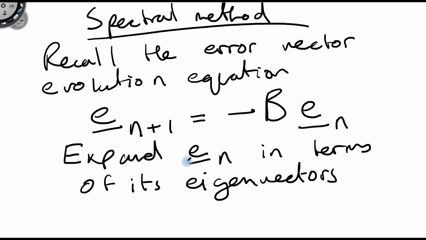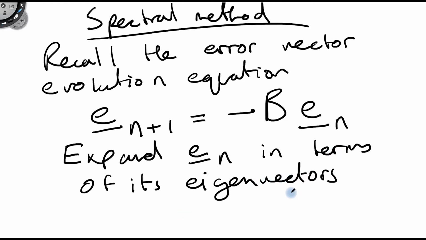There is a bit of theory behind why you can do this, and the conditions on B to make it a fair expansion, such as orthogonality of eigenvectors. Again, it's beyond this module, but if anyone wants to contact me I'm happy to point them to the theory that makes this possible.